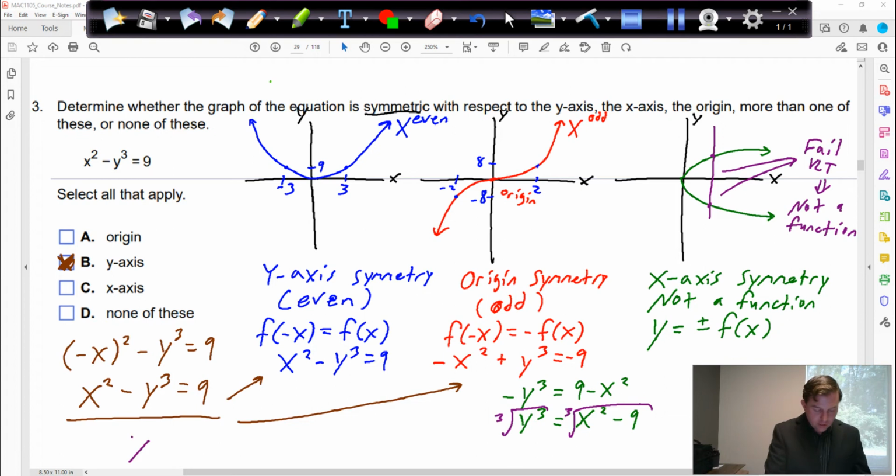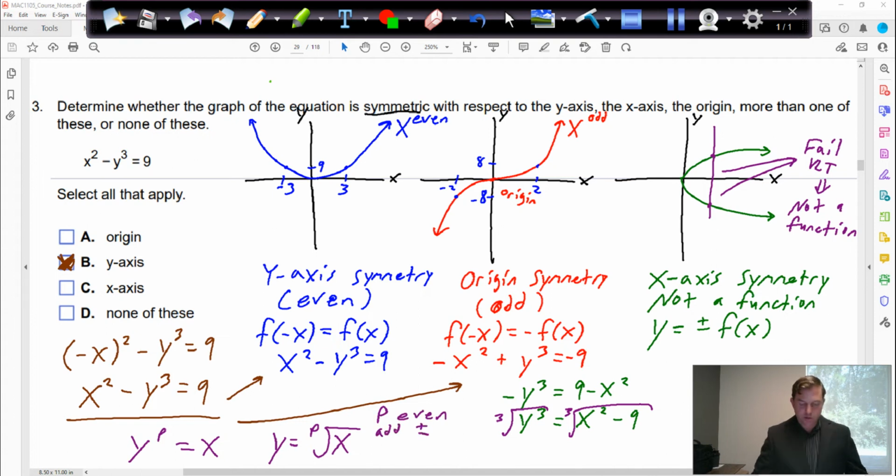Now, if you have y to the p, some power, equals some x, then y equals the pth root of x. And if p is even, you add a plus or minus. So we're used to taking just a regular square root. Well, the regular square root is power 2, so we add a plus or minus. But if p is odd, if the power is odd, like in this case to the third power, you do not add plus or minus.